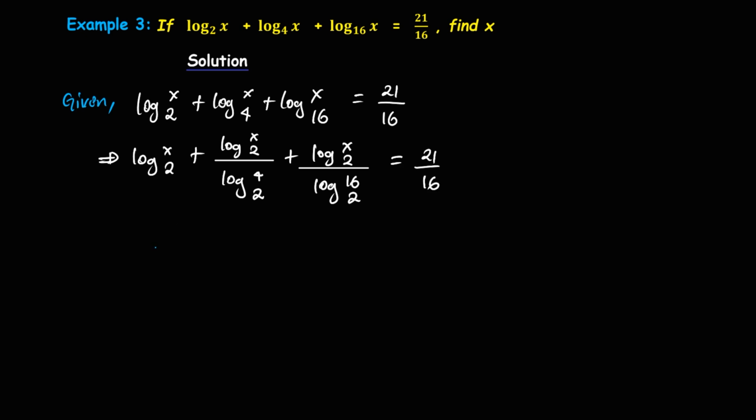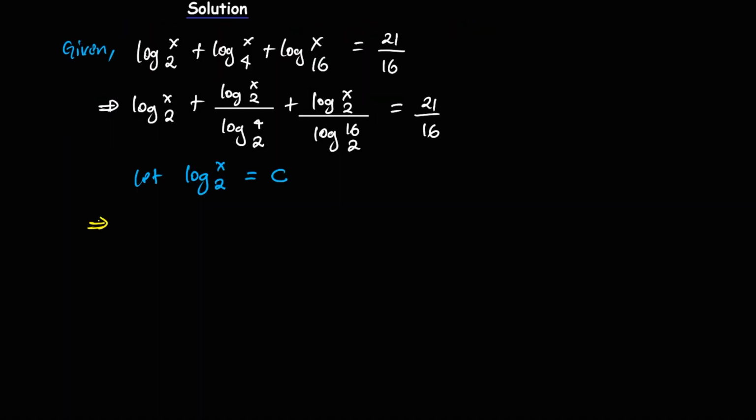Since log of x to base 2 is common and it's the only logarithm with a variable argument x, for simplicity, let log of x base 2 equal c. This implies that we have c instead of log of x to base 2, plus c divided by log of 4 base 2 plus c divided by log of 16 base 2, and this should equal 21 over 16.